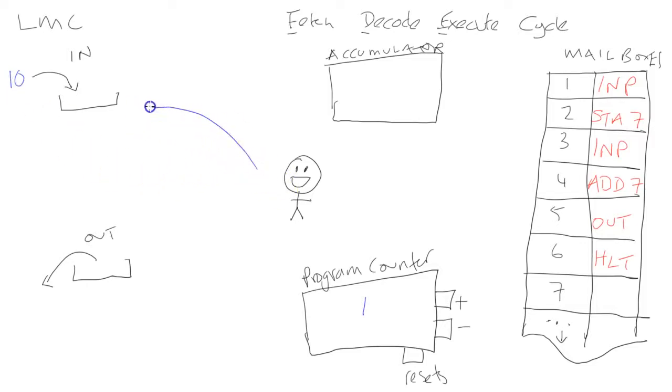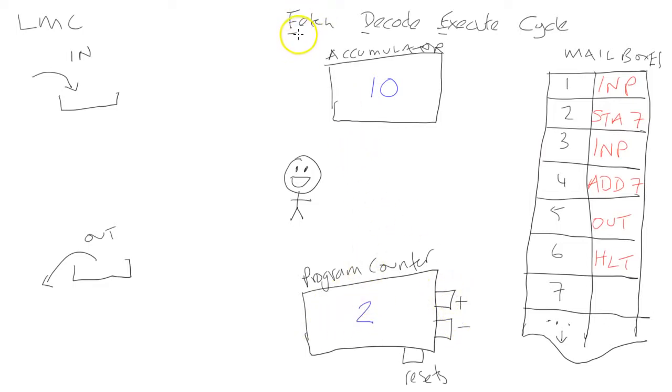So he walks over to the in tray, sees that there's a number 10 in there, takes that 10, and then puts it into the accumulator. Having done that job, he now changes the program counter and increments it by pressing the addition sign to 2.